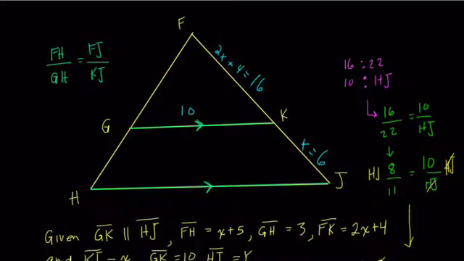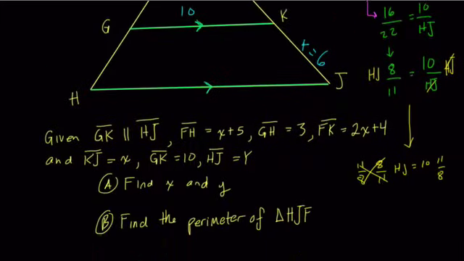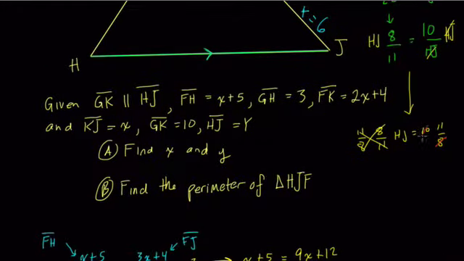That'll cancel out, and over here on the right, multiply 10 by 11 over 8. Before I even multiply, I'm going to reduce 10 over 8 to 5 over 4. Makes it more manageable for me, so we have 55 fourths. And that equals the length of HJ, which is y.